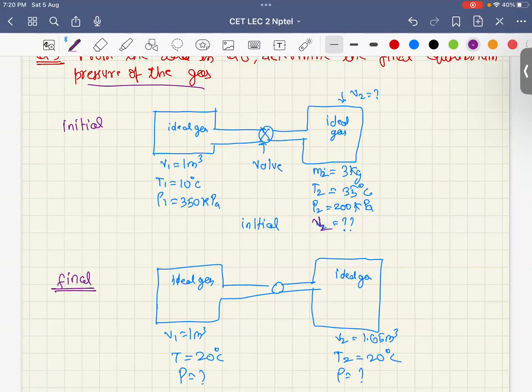This is a bit calculative part, so I'll give you a couple of minutes to solve it.